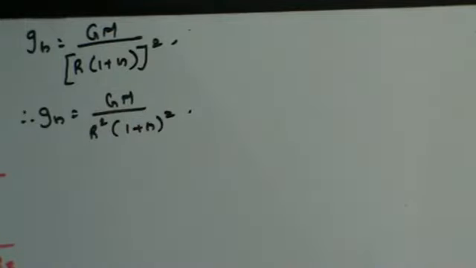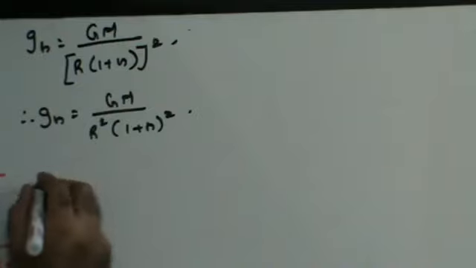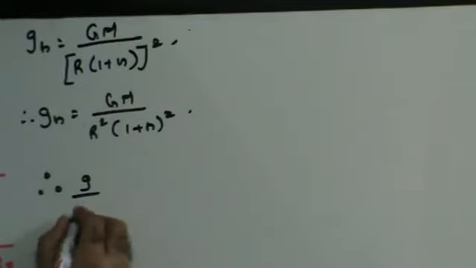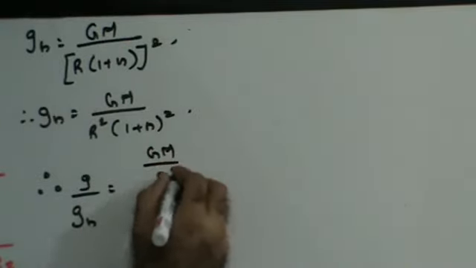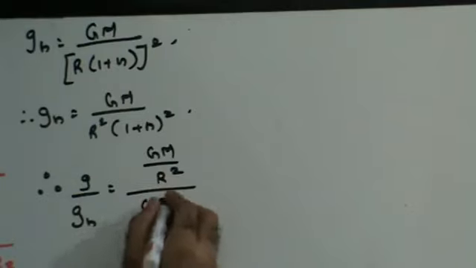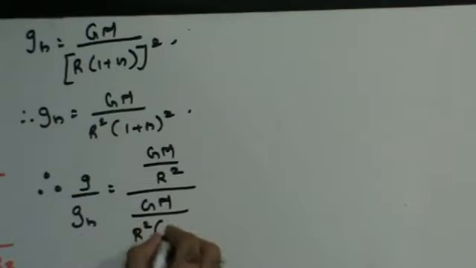They've asked you to find out the ratio of g to gh. Therefore, g is nothing but GM upon r square, upon GM upon r square into 1 plus n square. Therefore g to gh is nothing but 1 plus n the whole square. GM and r square get cancelled, denominator of denominator becomes numerator.